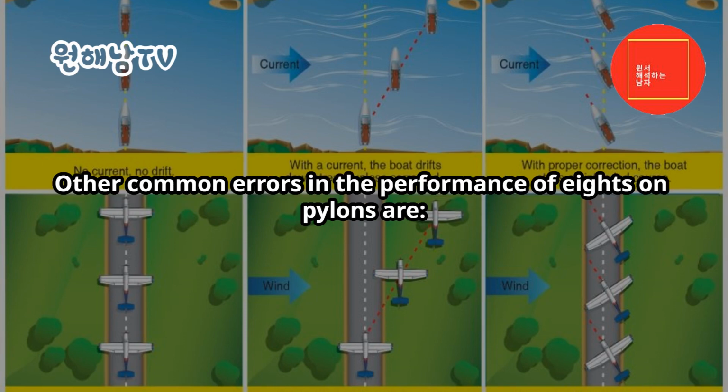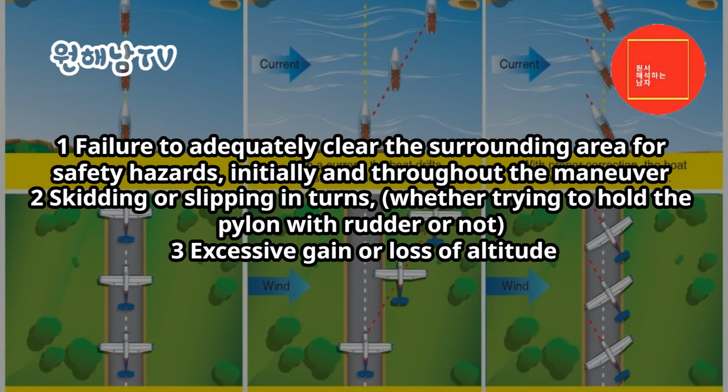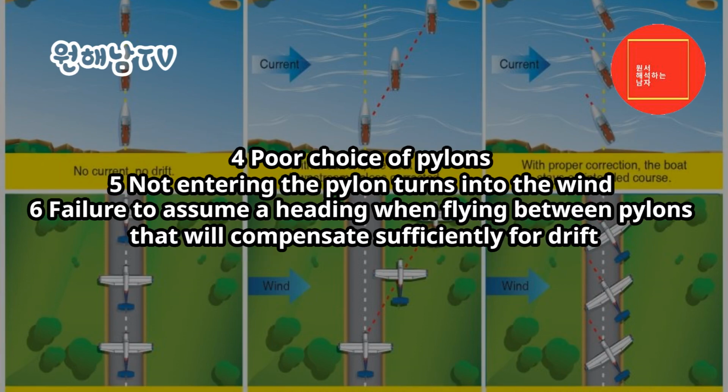Other common errors in the performance of eights on pylons are: 1. Failure to adequately clear the surrounding area for safety hazards, initially and throughout the maneuver. 2. Skidding or slipping in turns, whether trying to hold the pylon with rudder or not. 3. Excessive gain or loss of altitude. 4. Poor choice of pylons. 5.